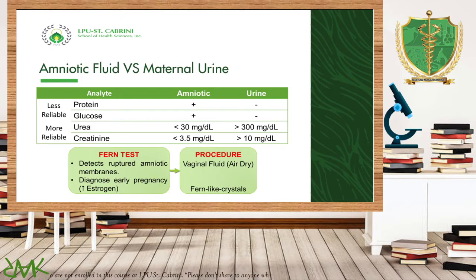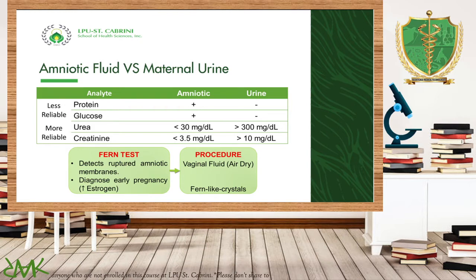Remember that the amount of creatinine in amniotic fluid will not exceed 3.5 milligrams per deciliter, but the amount of creatinine in the urine is roughly greater than 10 milligrams per deciliter.